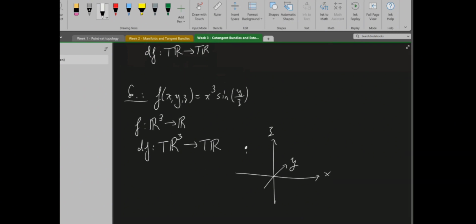You look at a particular point in 3D space here, maybe it projects down to this position. And you think, okay, what are the directions I can go in? Well, you have del X, you have del Y, you have del Z. Locally, I need to make these infinitesimal, but the idea is still present visually. This looks like R3. So the tangent space to a point, call this P, of R3 is isomorphic as a vector space to R3.